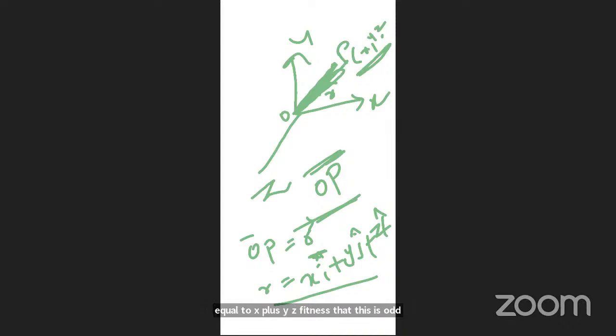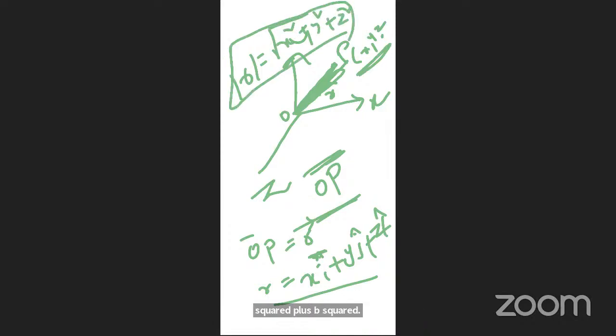The magnitude of R is equal to the root of x square plus y square plus z square. These are the types of vectors: position vector, null vector, unit vector, opposite vector and equal vectors.